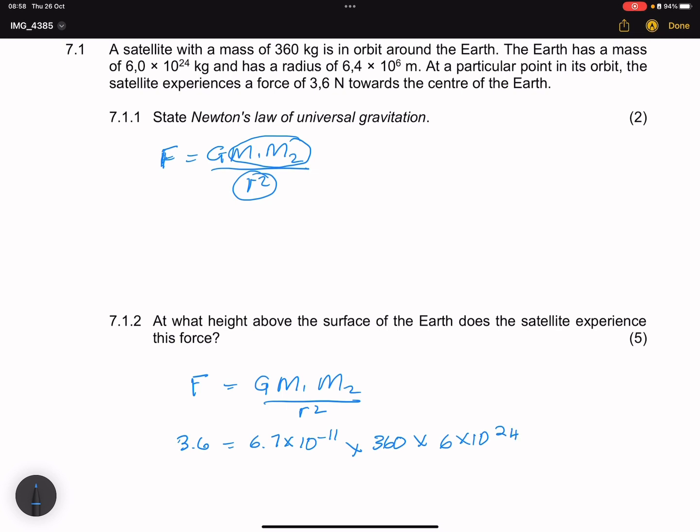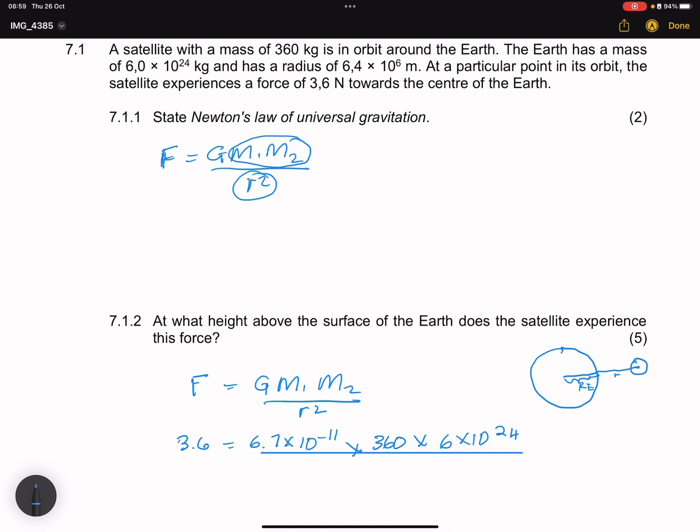Now, think about the distance from the center of the Earth. If this is the Earth and this is our satellite, the distance will be the radius of the Earth plus the distance of the satellite away from the Earth. Let's call the radius of the Earth RE.